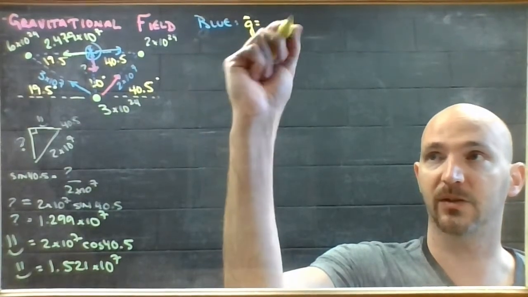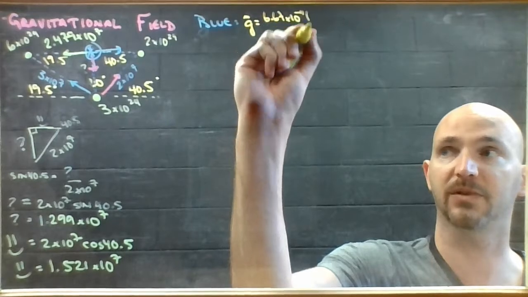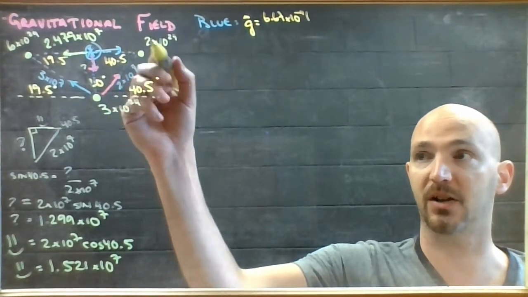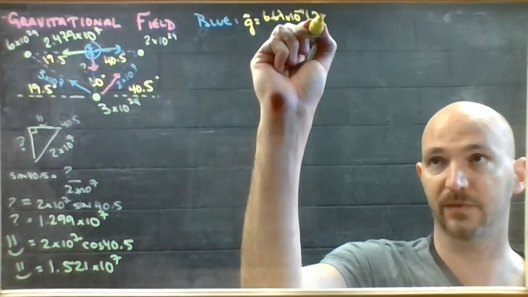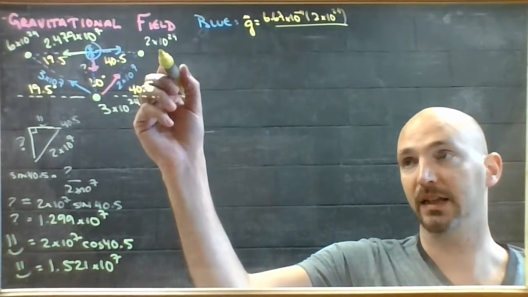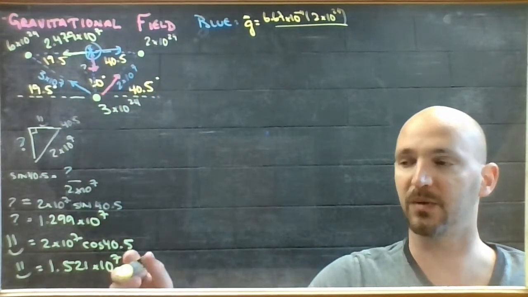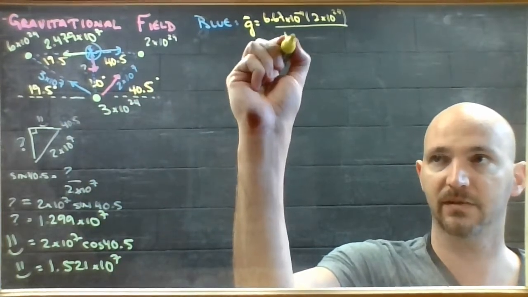Gravitational field at that location would be 6.67 times 10 to the negative 11 multiplied by the mass of the object causing it, which is 2 times 10 to the 24, divided by the separation here, the smiley face, which was 1.521 times 10 to the 7.